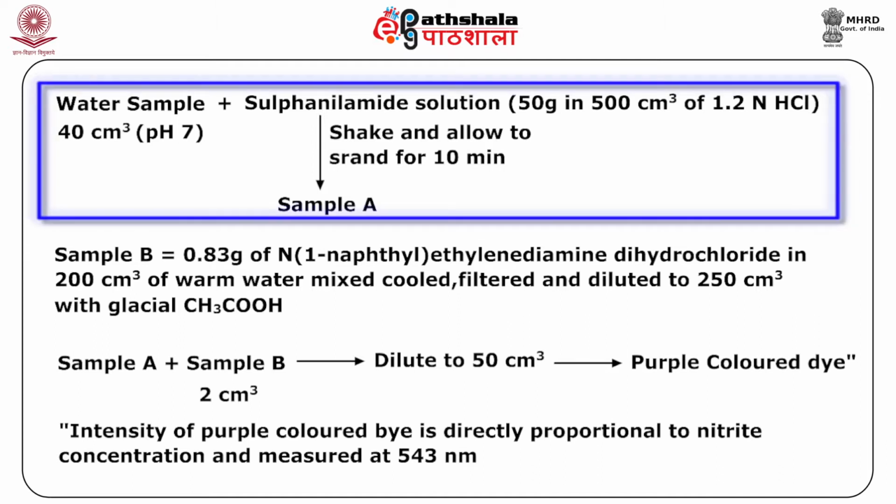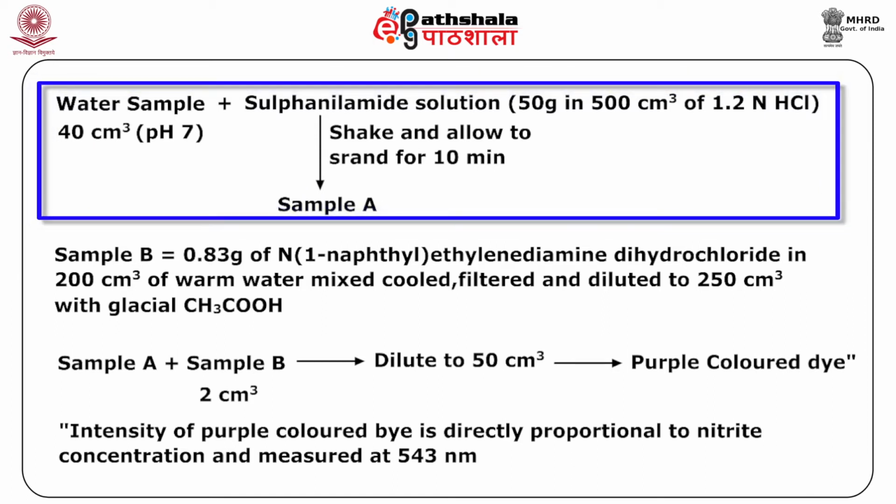This scheme shows the reactions involved in the formation of the dye and its estimation. The water sample, around 40 cm3 at pH 7, is treated with sulfanilamide solution made of 50 grams in 500 cm3 of 1.2 normal HCl, and these are shaken together and allowed to stand for 10 minutes.